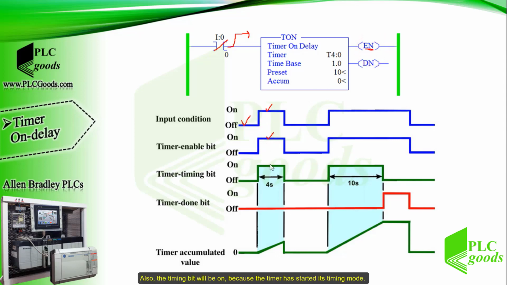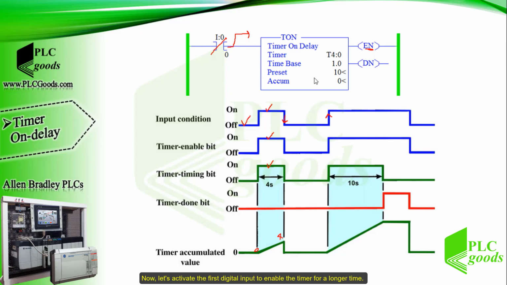Also, the timing bit will be on because the timer has started its timing mode, and the done bit will be off until the accumulated value reaches the preset value. Now the preset value is equal to 10 seconds. So, if the timer is disabled after 4 seconds, the done bit does not change to 1.